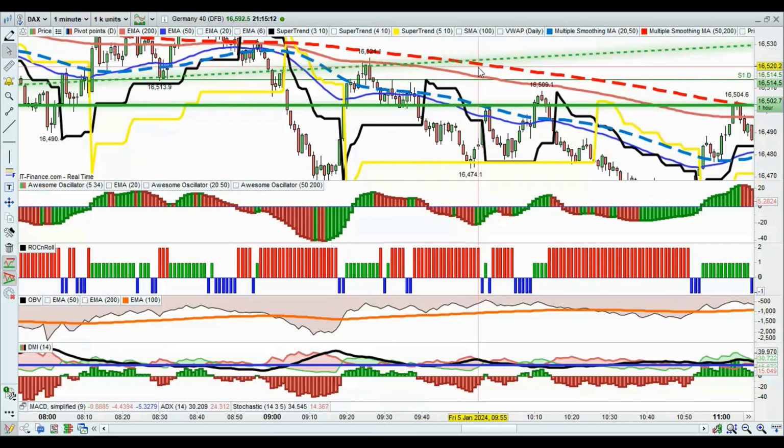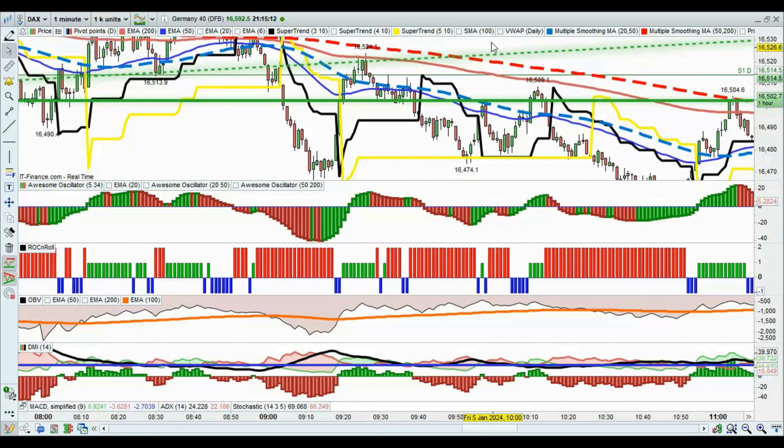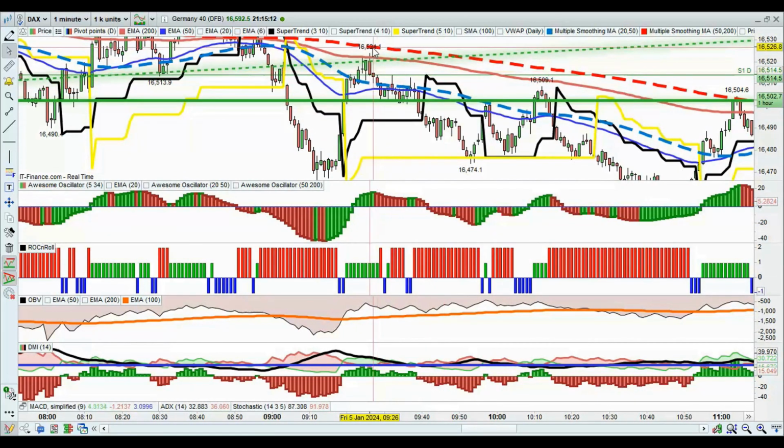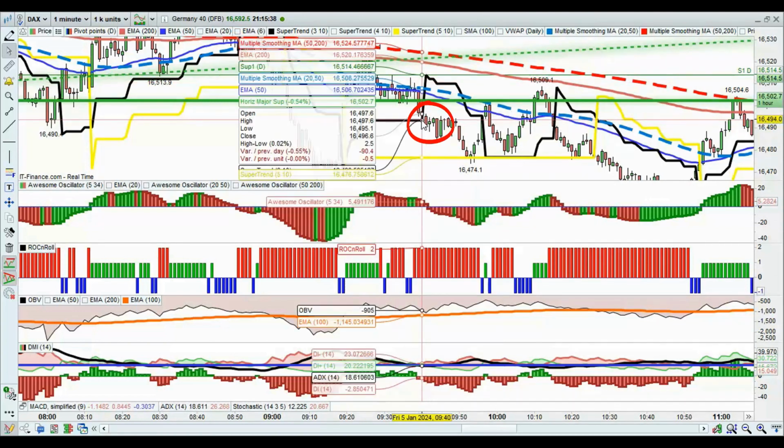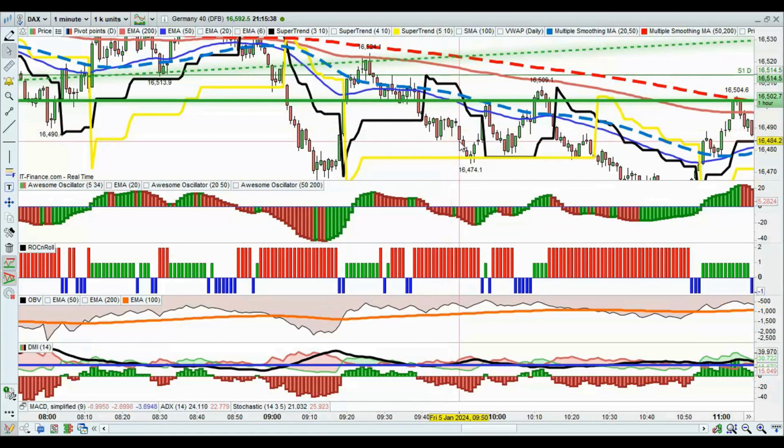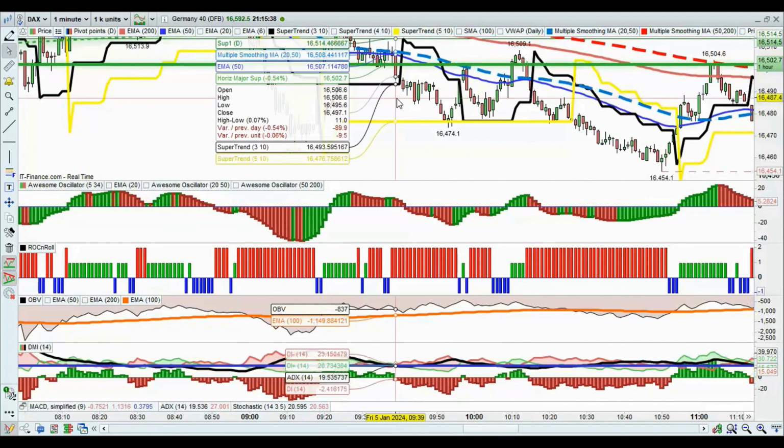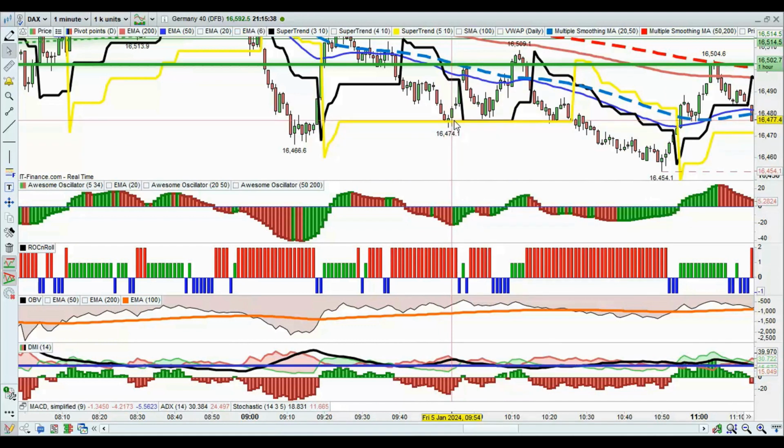Alright, so where's the next one? Well, the next one, again below the 5,200, it's continuing to move down again, and our next trade was here. It crossed through there, price was 16,494, and fell to 16,474.